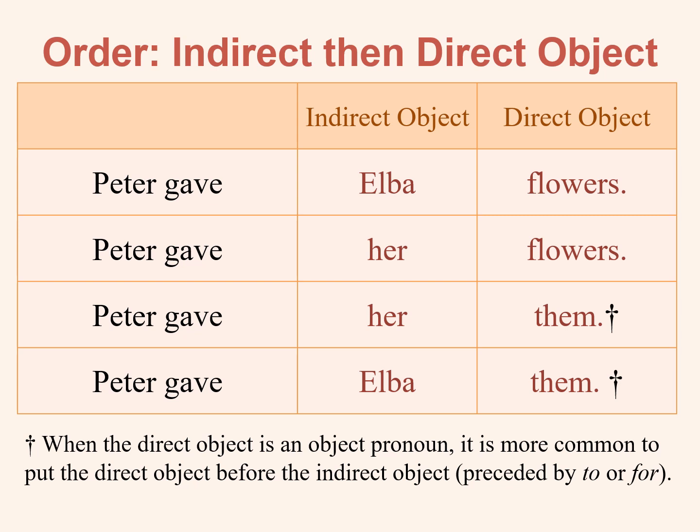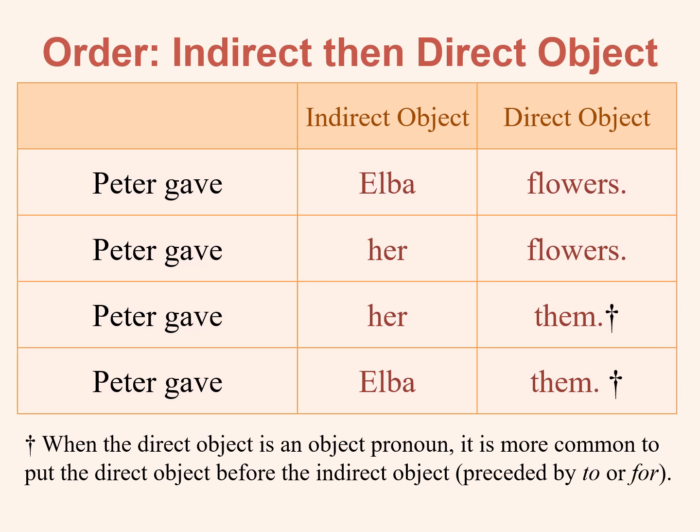When the direct object comes after the indirect object, it is frequently not substituted with a pronoun. If you wish to use a pronoun for the direct object, then it's more common to put the direct object first and the indirect object second.